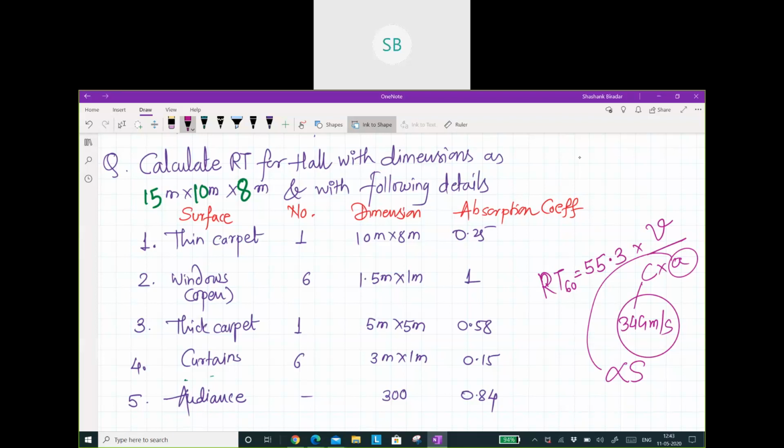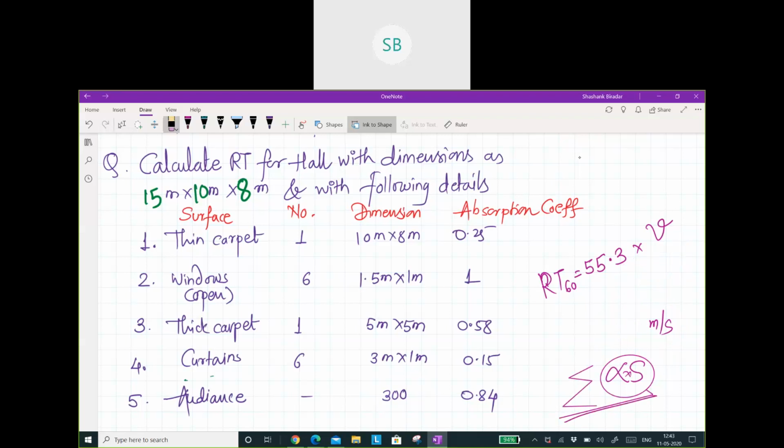So you need to consider the corresponding absorption coefficient multiplied by that particular surface, and the cumulative effect, the summation, is your A. So we need to use this formula to calculate the reverberation time. Let me write it down again.